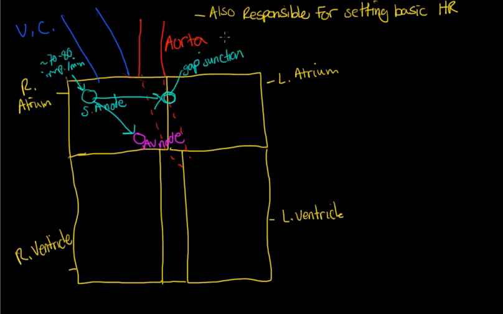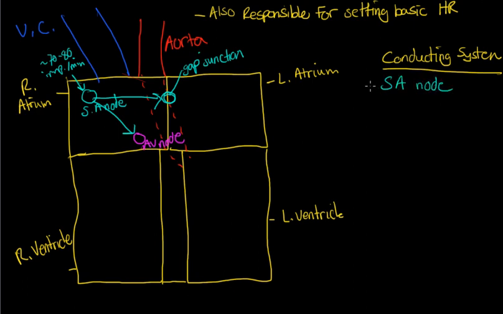So we'll begin our path. We'll start a list here of our conducting system. So we've got the SA node. I'm going to include gap junctions. It's part of it.